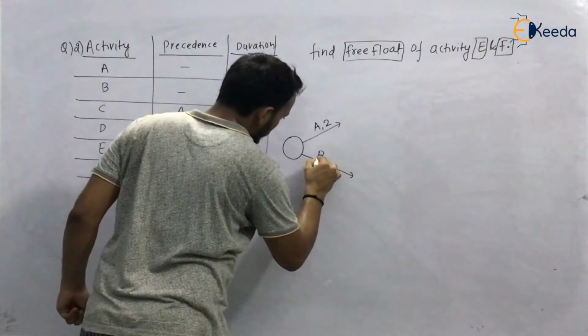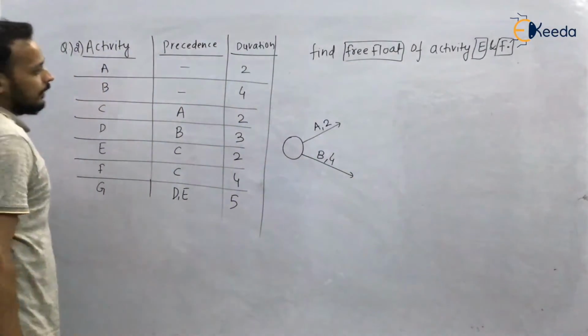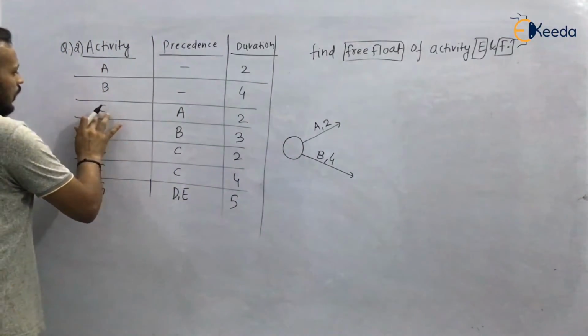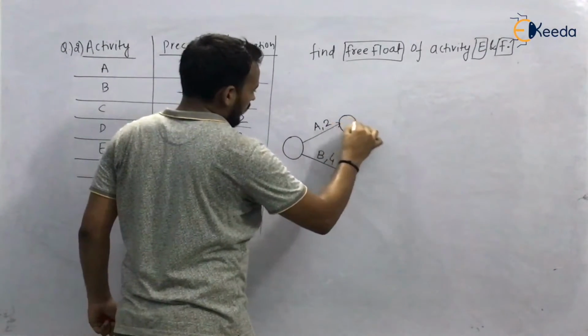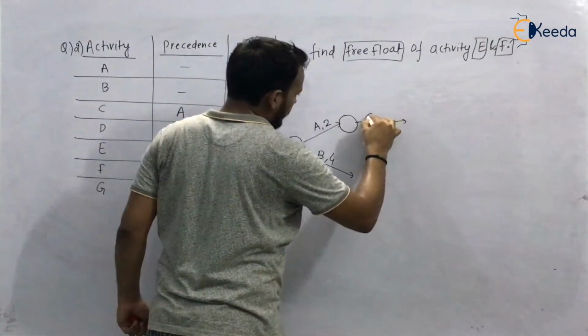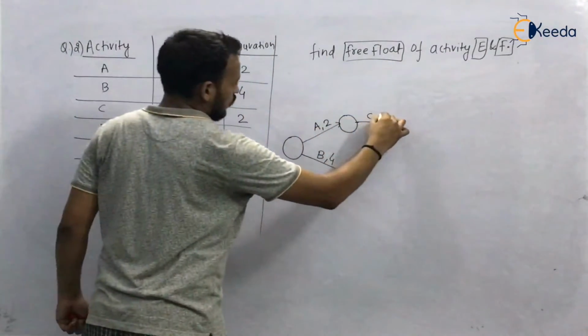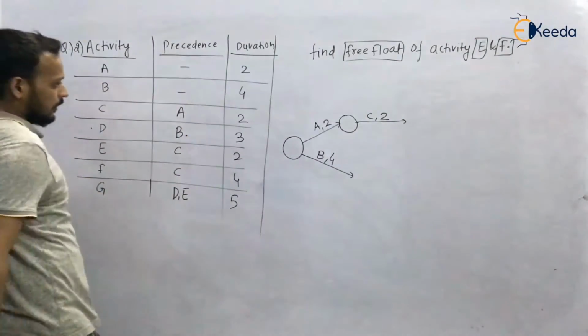The time taken to complete activity B is 4. Just write the time along with the activity separated by a comma. Now activity C. The precedence is A, time is 2. So write 2. Activity is D. The precedence is B.